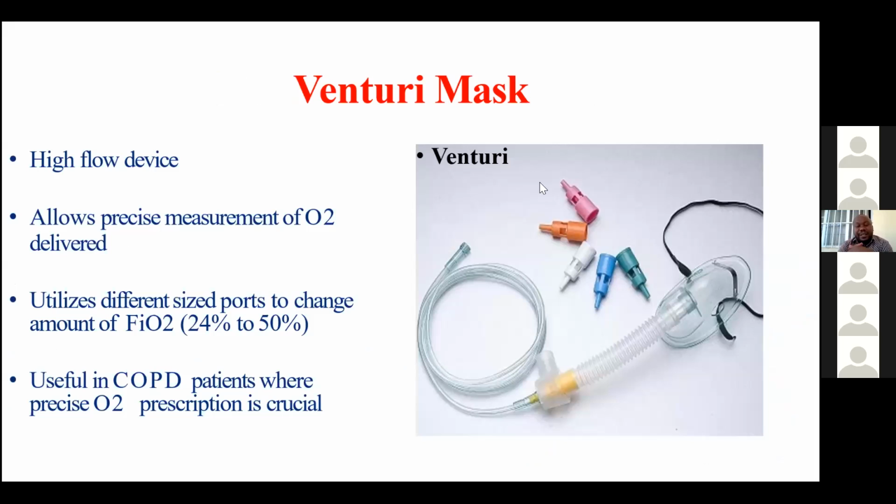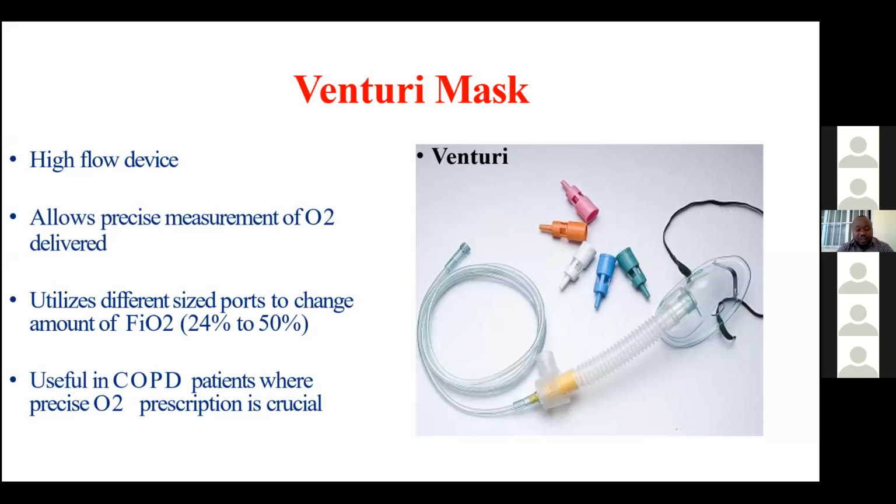After talking about the three routinely used low flow oxygen delivery devices, we are going to discuss high flow oxygen delivery devices like the Venturi mask. I found Venturi masks in some hospitals in our country, but they are not really used. They were in the stock, and maybe people don't know what they serve for.